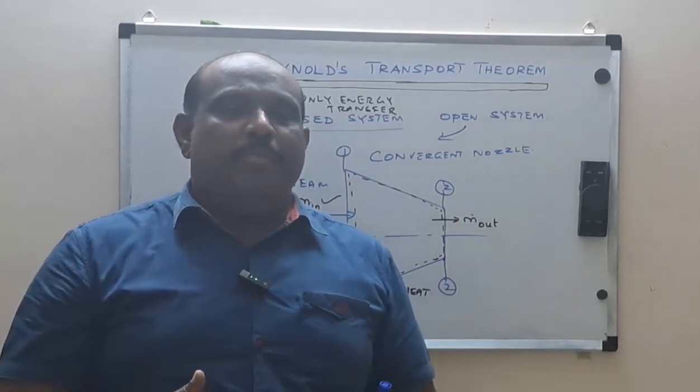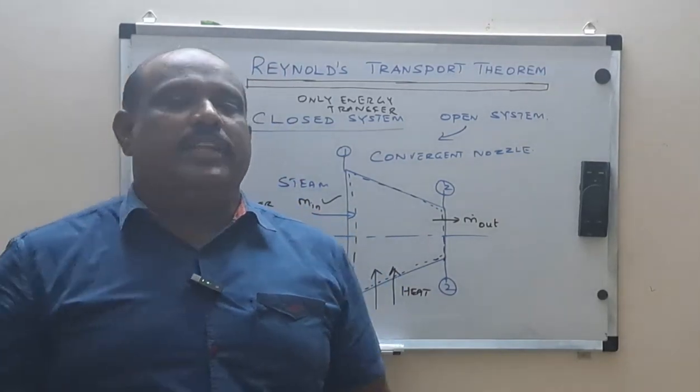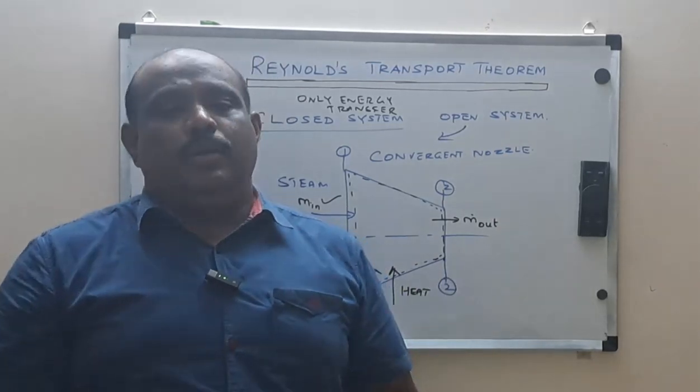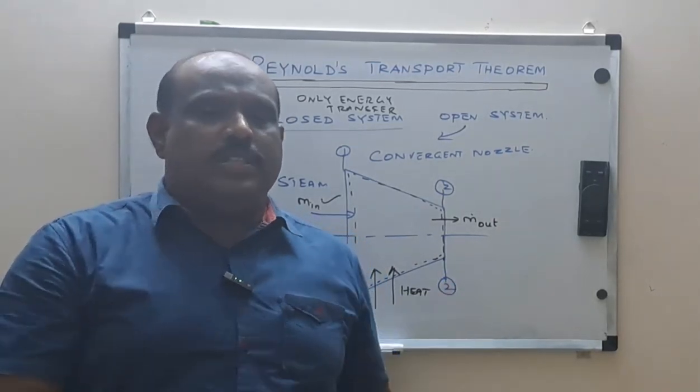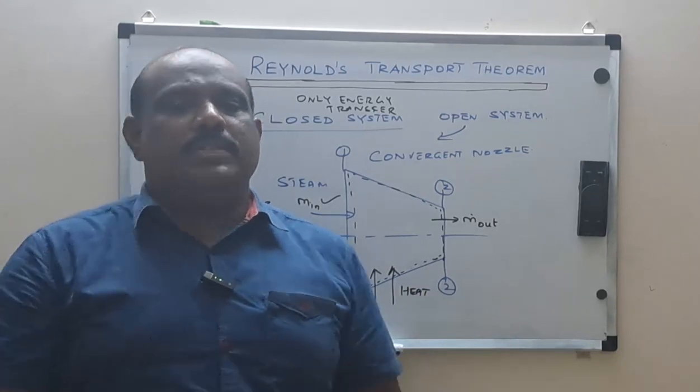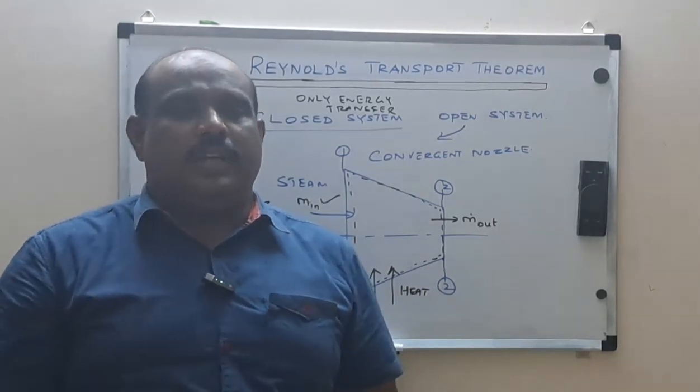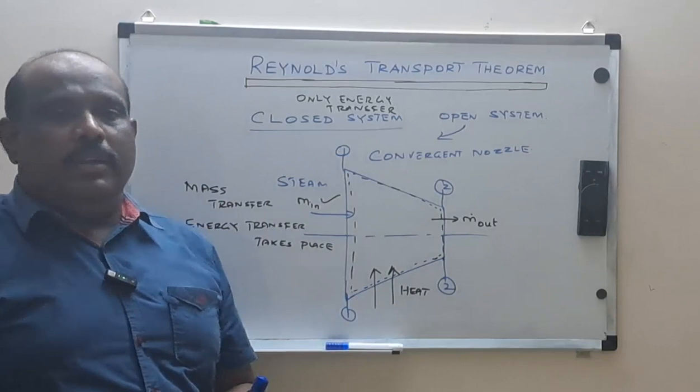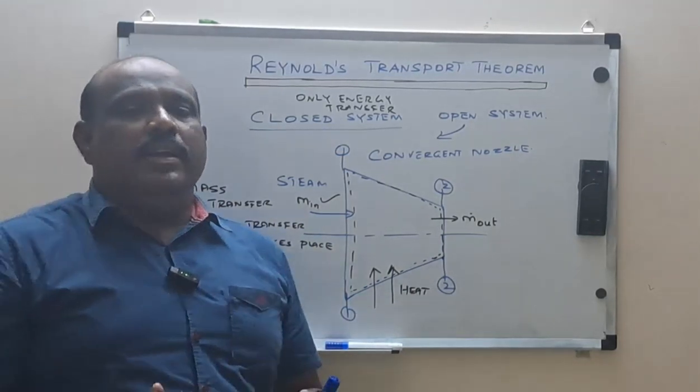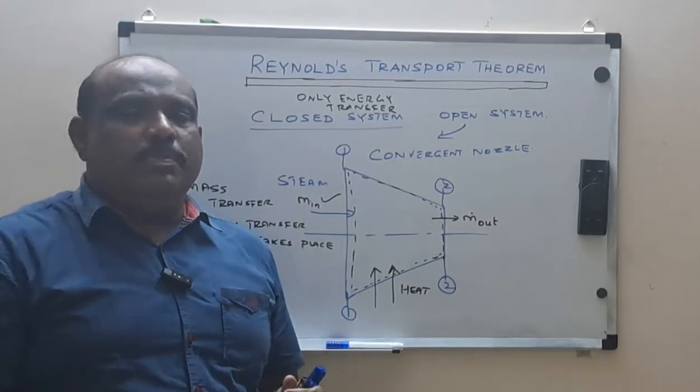So first of all, before going to the Reynolds Transport Theorem, we have taken much time to understand what is meant by closed system and open system. A closed system is nothing but a system in which the mass remains constant. Here the mass need not be constant. Okay, the mass remains constant when the flow rate is steady. What is meant by steady?